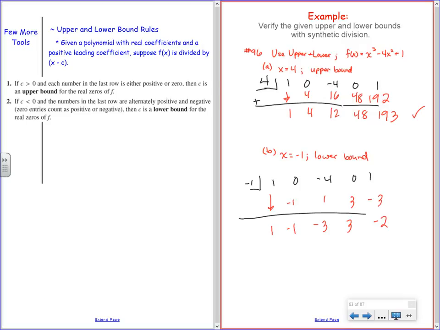Hold on, what went wrong? I have no clue. Something went wrong. Let's look at it tomorrow. It alternates, the lower bound.